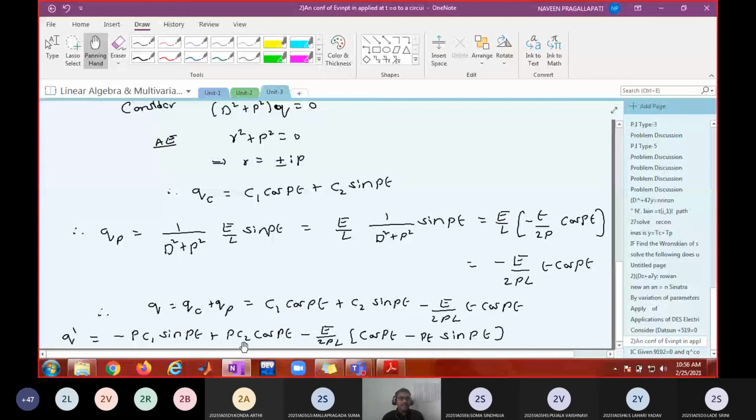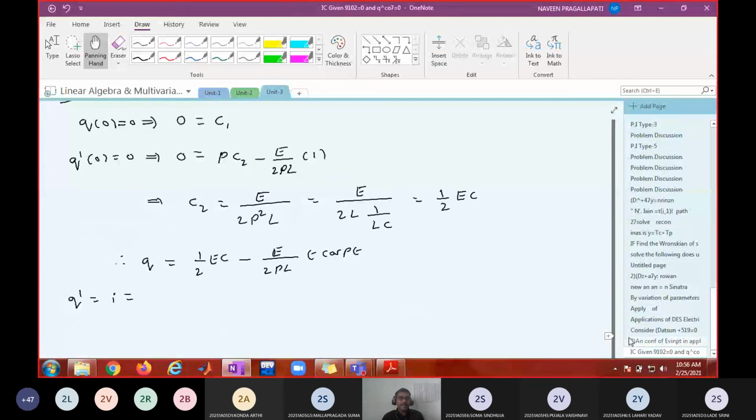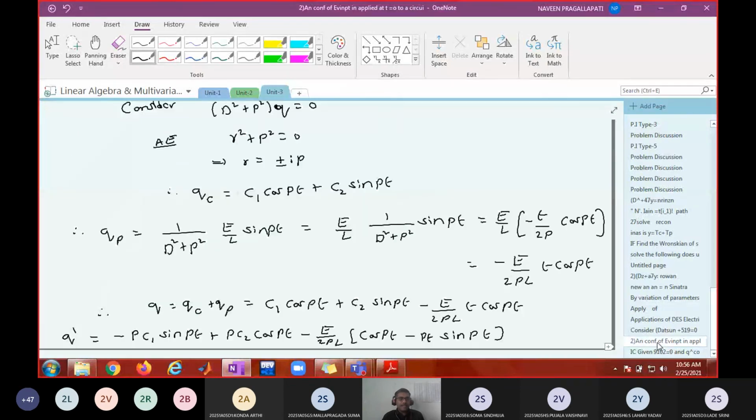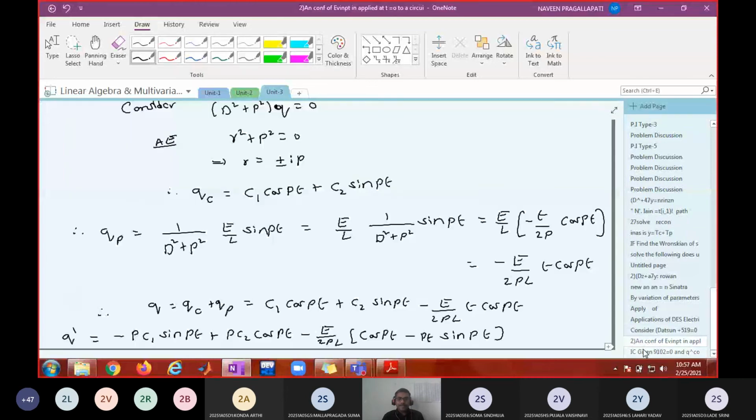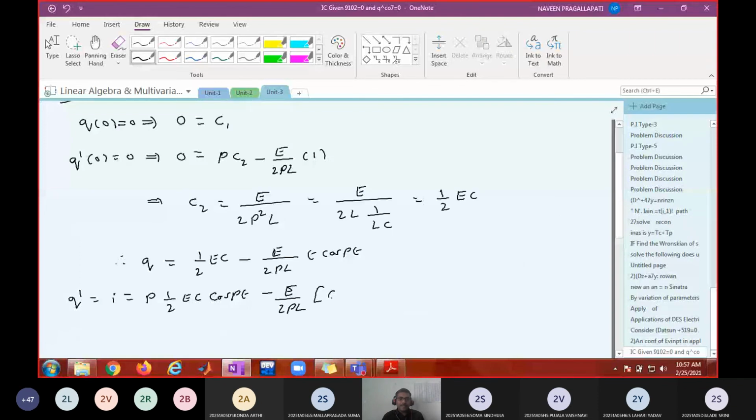So C1 is 0, C2 is 1 by 2 EC. p into C2 is 1 by 2 EC, cos pt, minus E by 2pL cos pt minus pt sin pt.